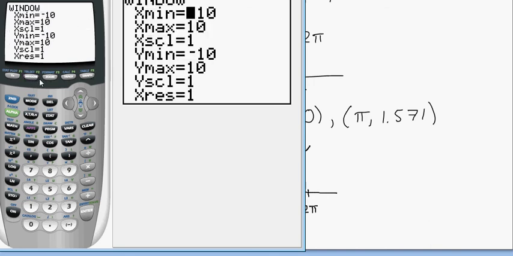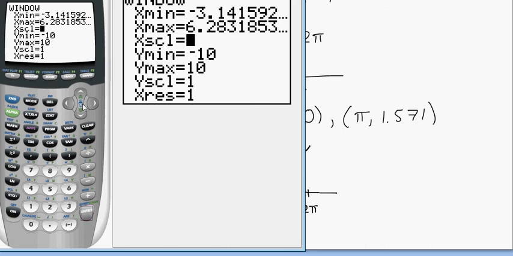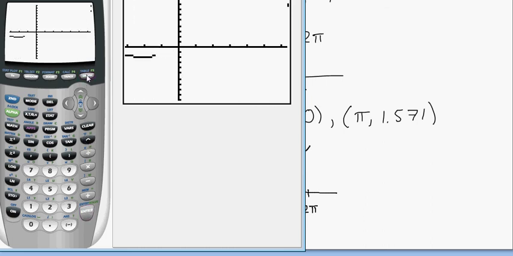Let's just go from negative pi to 2 pi, so it looks like the same interval we want. And there it is.